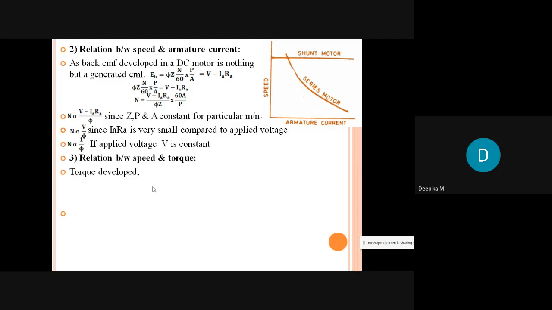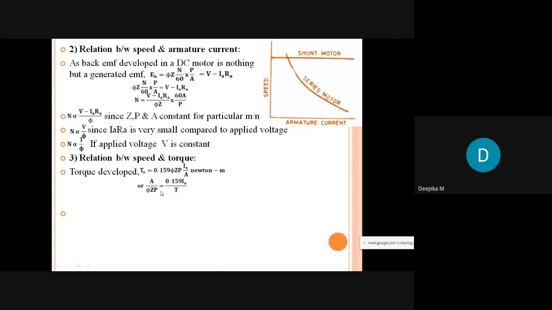So coming to the relationship between speed and torque, the torque developed, that is T_e, correct? That is nothing but, as we got to know from the first relationship, 0.159 phi Z P into I_a by A. So this is one of the equations we have.